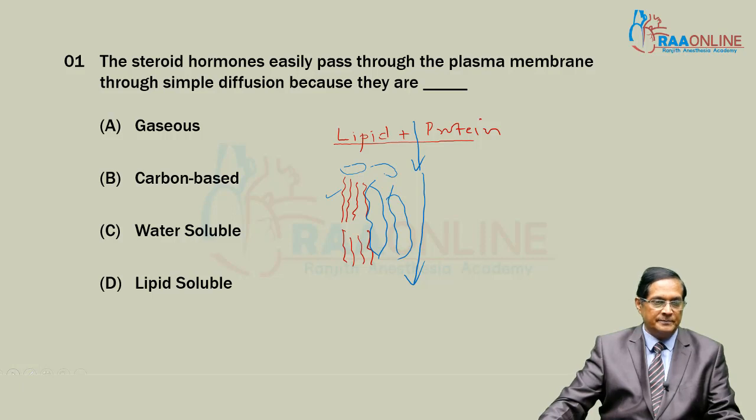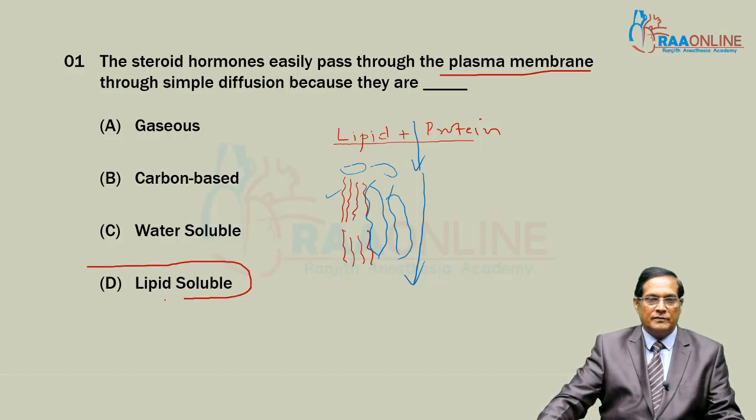So first one, they can easily pass through the plasma membrane because the plasma membrane is made up of two layers of lipid in which proteins are embedded. Through the lipid layer, lipid soluble material can easily pass, but hydrophilic substance can't pass.